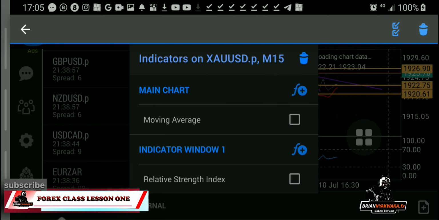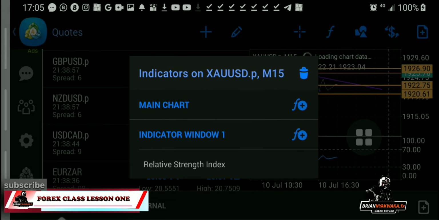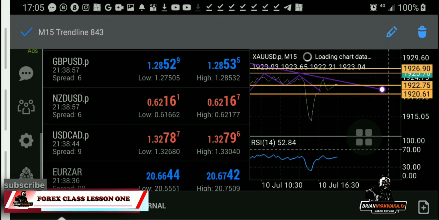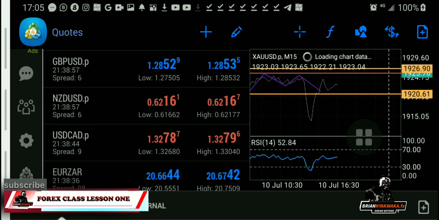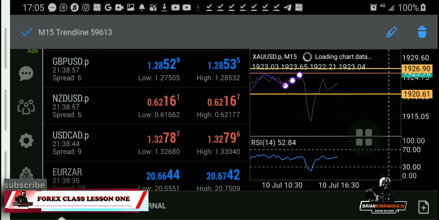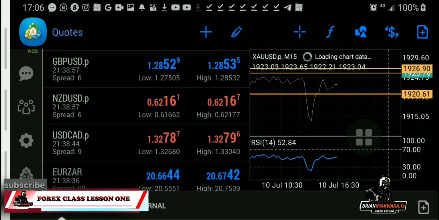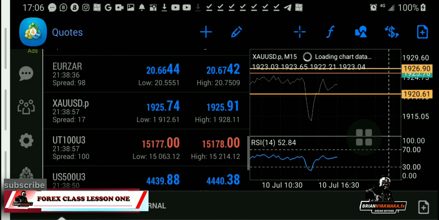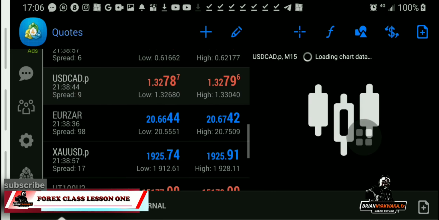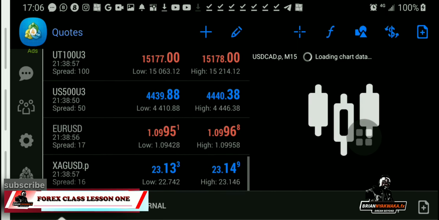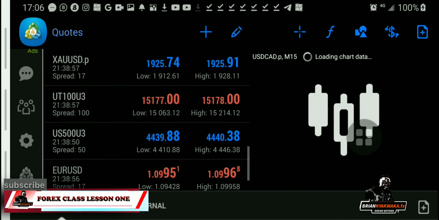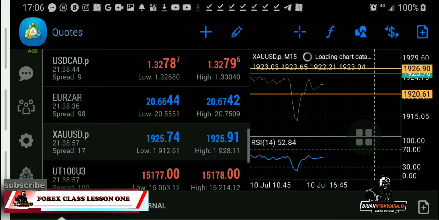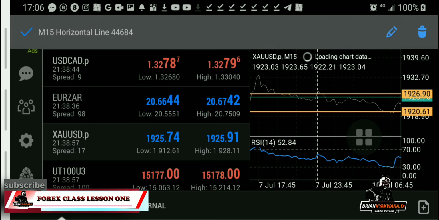I'm just going to remove the moving average so that you can understand what is going on. So we have a line chart.